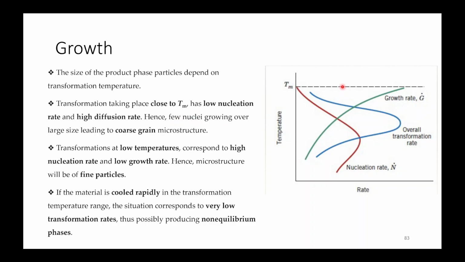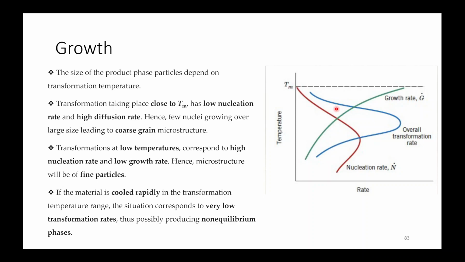So if we are near melting temperature in undercooling, then we see that the growth rate will be higher and nucleation rate will be lower. So fewer nuclei will be forming and the growth will be high.